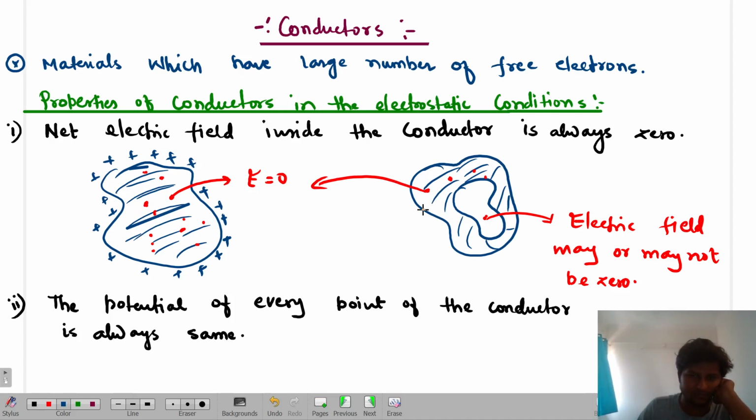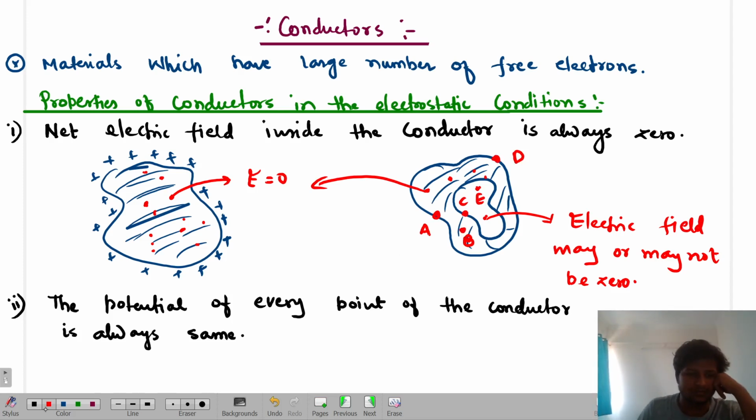Let's suppose this is point A, this is point B, this is point C, and this is point D, and one point I'm considering in the cavity which is point E. Are you able to get me?